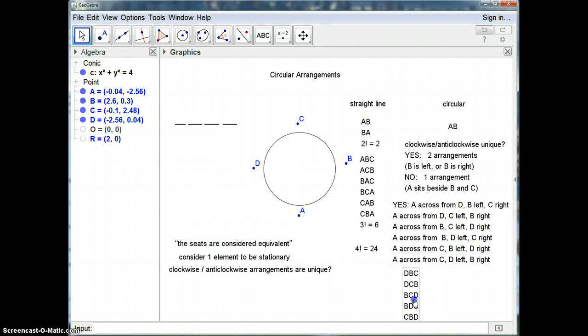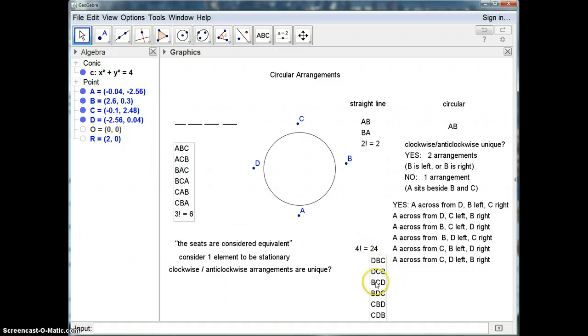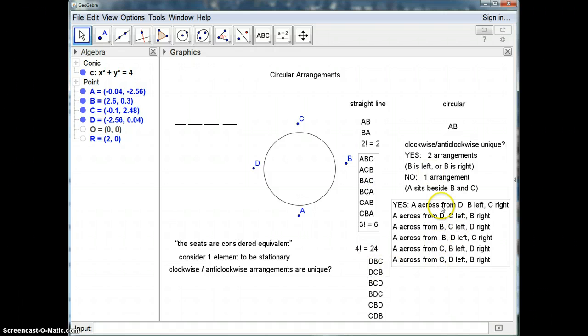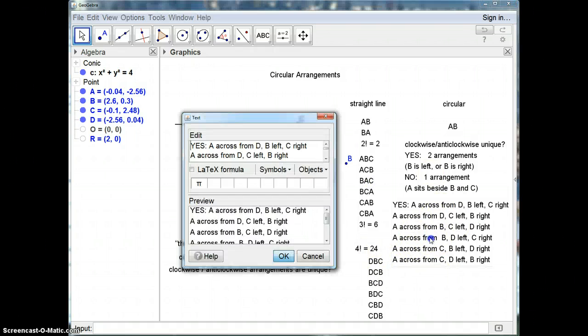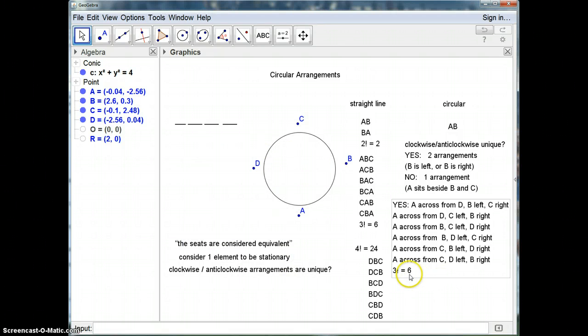Okay, now, there's 6 arrangements, right? Because A is stationary, and the other 3 are permuted through the 3 remaining seats. And because the orientation matters, each one of these is considered to be a unique orientation. So what we have here at the end is 3 factorial, which is 6, right?